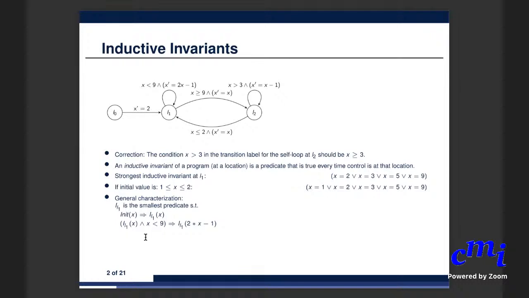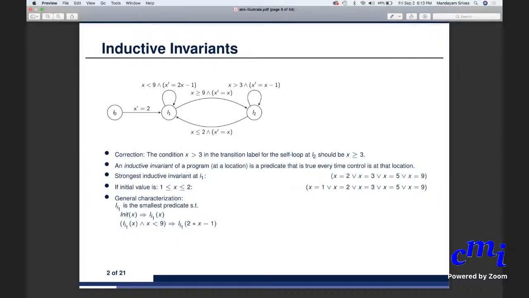So how exactly is this derived? A general way to characterize that predicate is something like this. For L1, the predicate that precisely defines the exact set of values that the variable x can take at location L1 can be defined in a recursive form. L1 is the smallest predicate that satisfies these two conditions.